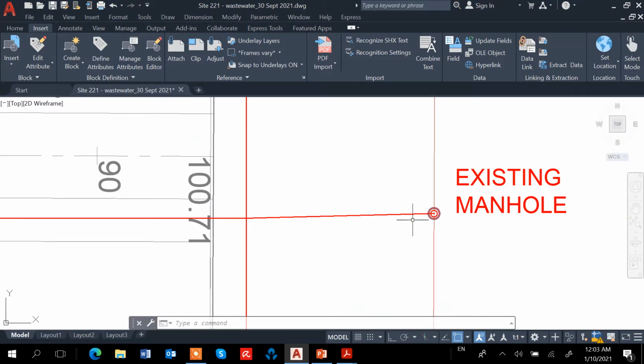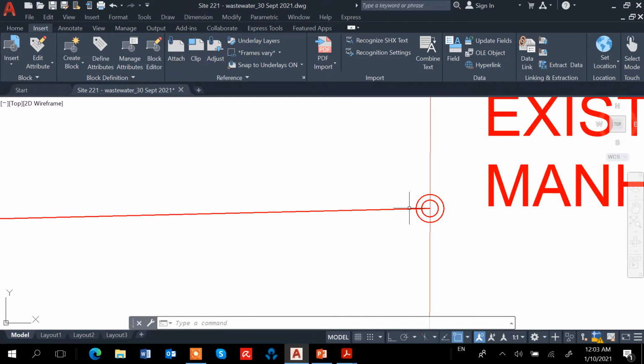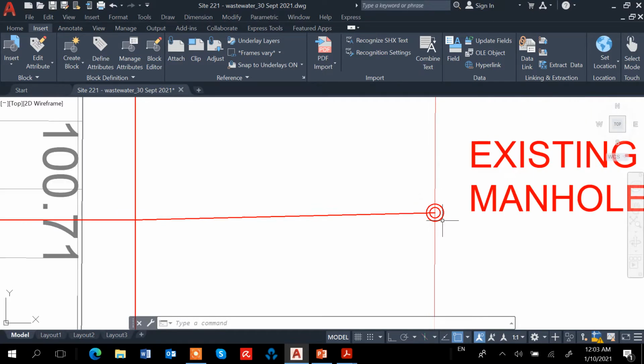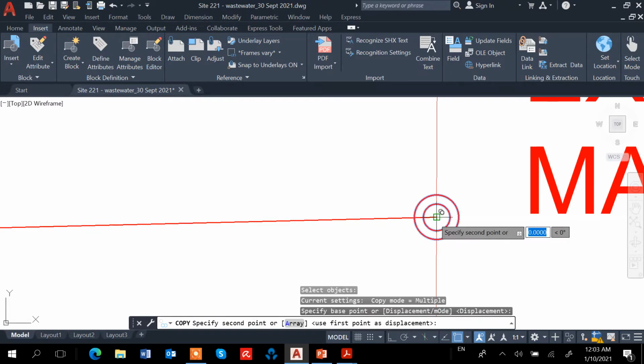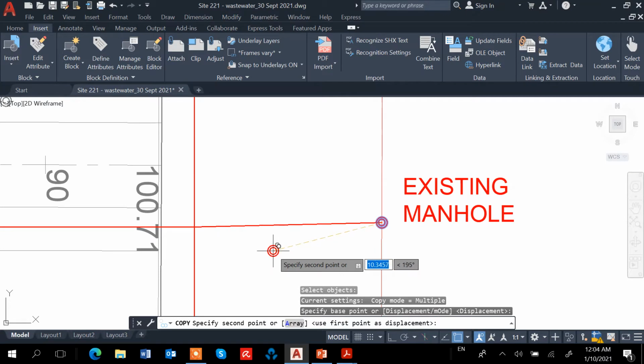So this is the precast manhole, around 1.05 diameter, and then on top it has a heavy cover. So this is the symbol that we're going to use: one bigger circle, and inside there's a smaller circle. I'm going to use this as the symbol for the manhole.